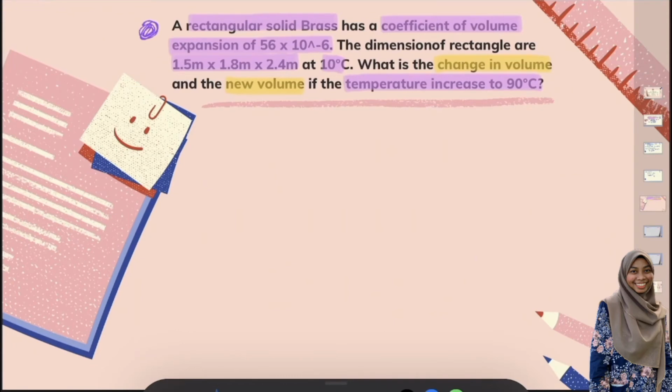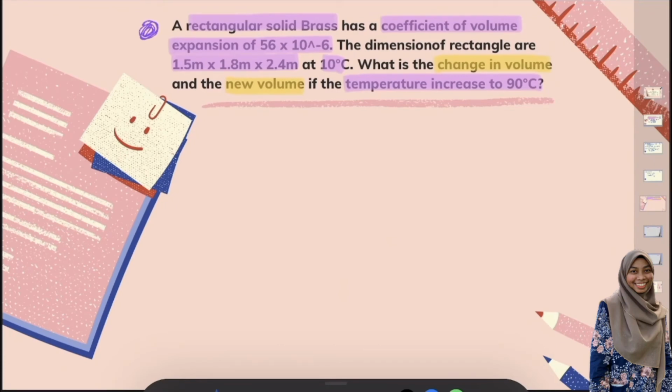Okay, the second question is, a rectangular solid vase has a coefficient of volume expansion of 56 times 10 to the power of negative 6. The dimension of rectangle are 1.5 meter times 1.8 meter times 2.4 meter at 10 degrees Celsius.